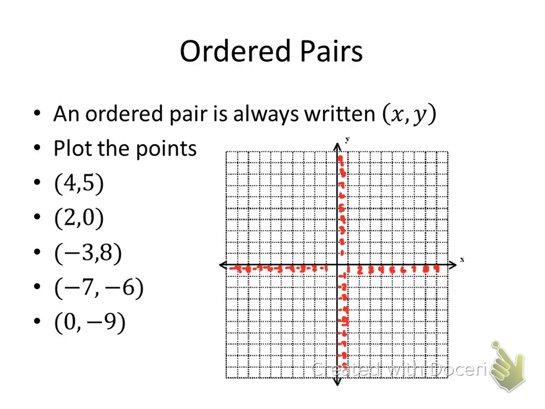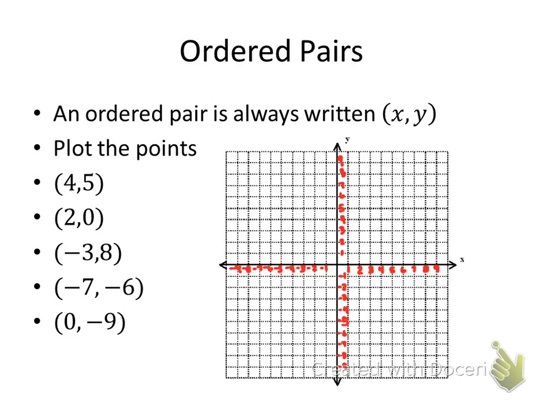Okay, I went ahead and numbered my graph so that we could graph these ordered pairs. Now, remember, an ordered pair is x, comma, y. So what you have to know is each of these numbers does not represent a point by themselves. Like, we're not going to put a point at 4, and we're not going to put a point at 5. We're going to put a point at 4, comma, 5.